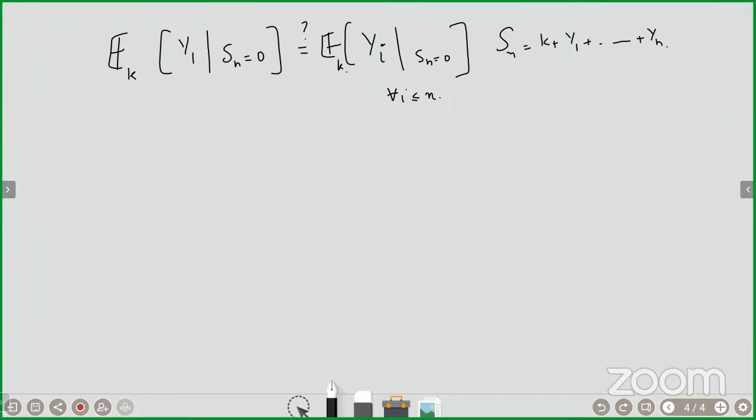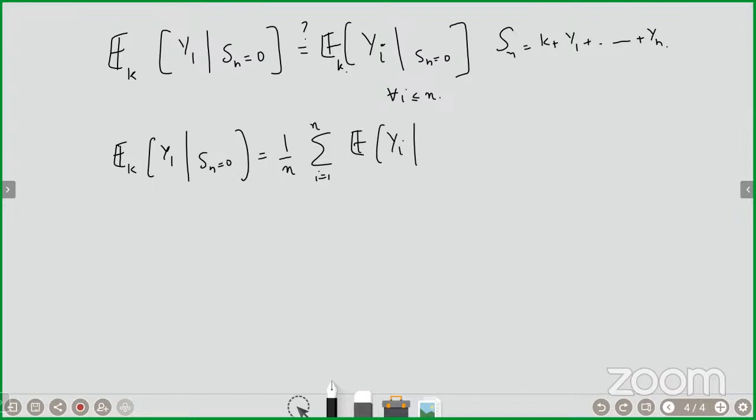And why is that? Because of linearity of expectation. Then the expected value of y1 given Sn equal to 0 is nothing but 1 over n times the summation of the expected value of each y.